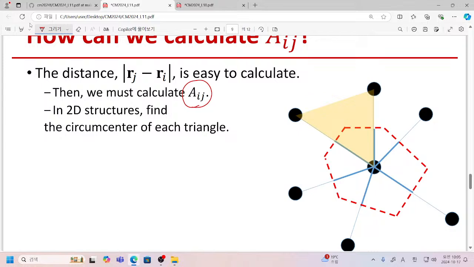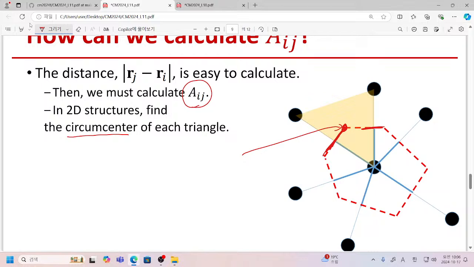So in a 2D structure, for example, this point corresponds to the circumcenter of this triangle. Please have a look at this yellow triangle. This point is obtained as the cross point of two normal lines drawn from midpoints. What is it?